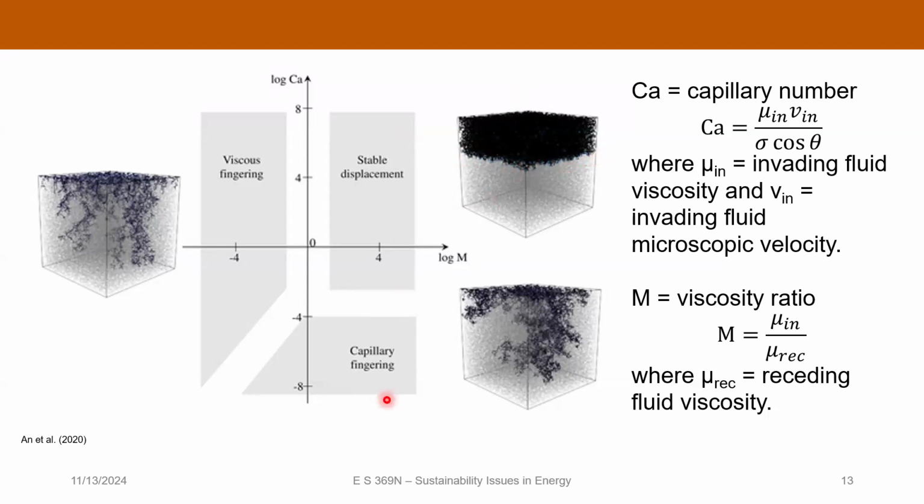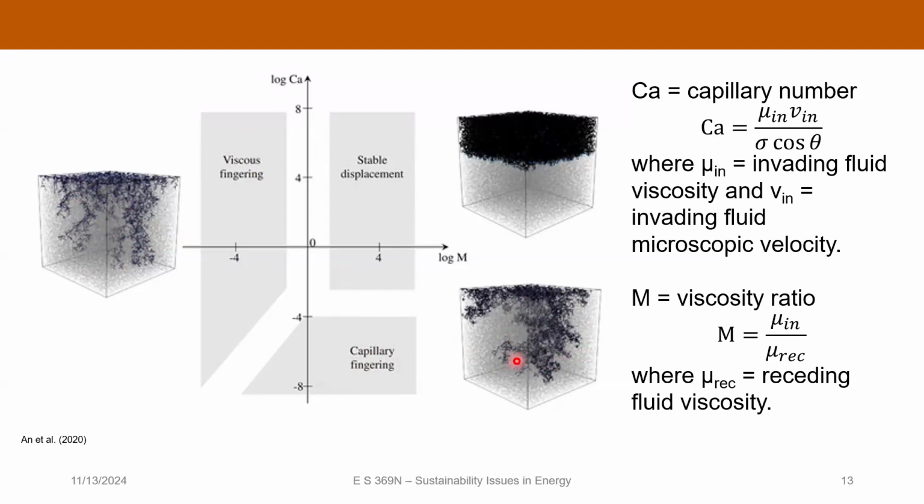But if you fall in these different regions over here, you can get different types of what we call fingering phenomena, which is where the injected fluid forms these fingers that spread out, and they result in your not being able to use as much of the pore volume. So you can either get viscous fingering if you're over in this region, or if you're down here, you can get capillary fingering if your capillary forces are very large.